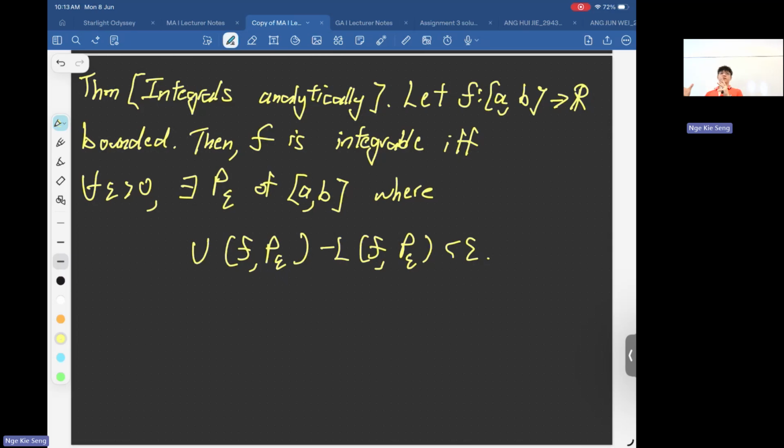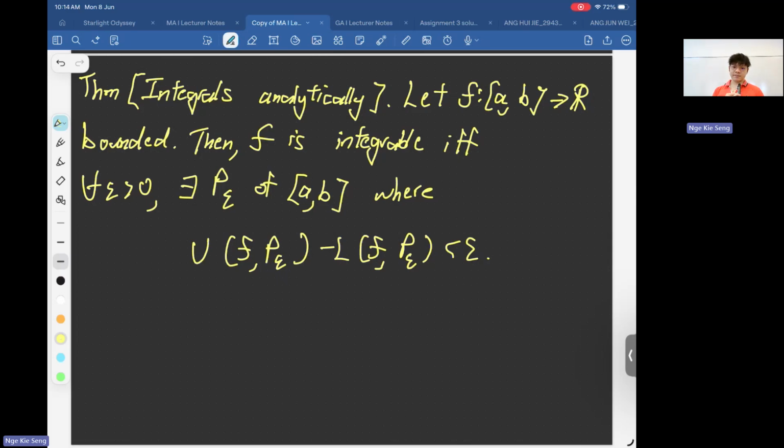Now we change this equal sign to saying that the difference I can make as small as possible. There is a partition that helps me to do that. Previously we were using the inf and sup to converge to each other, but now we just use a single P epsilon that makes these two as close as possible.